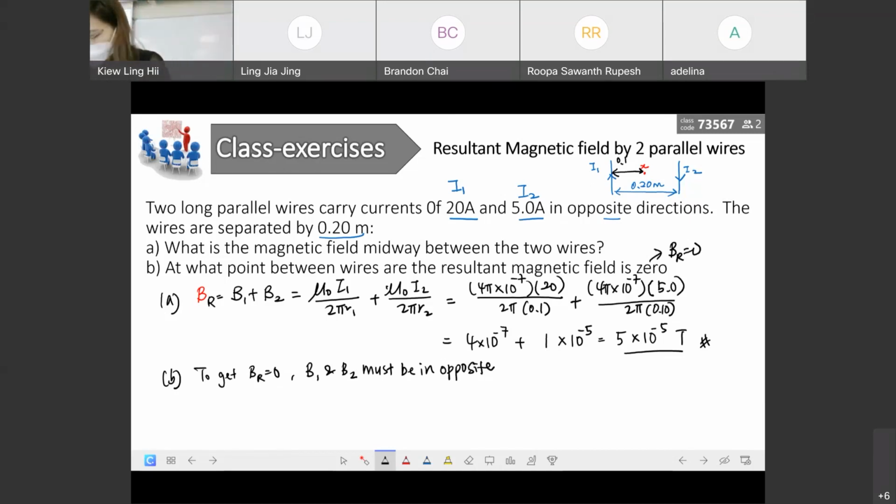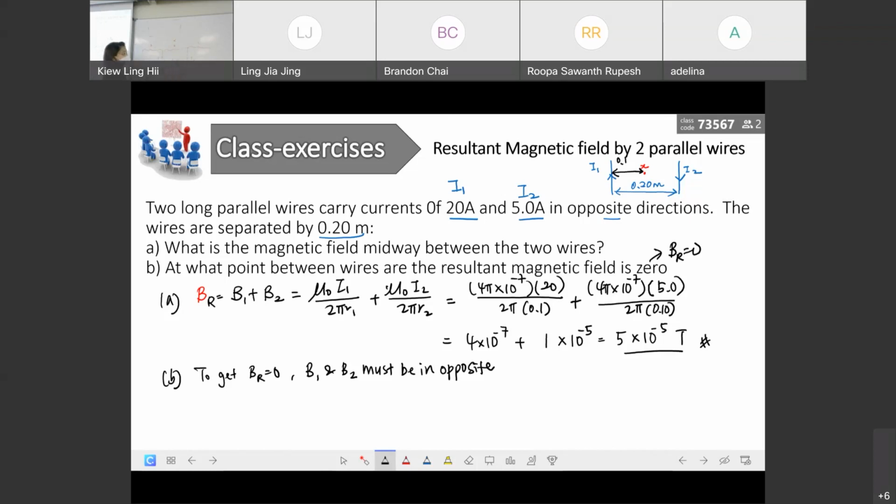Okay, so where is the region whereby you will have both of them in opposite directions? Then you check region by region. There are three regions, A, B, and C, right? We have already checked region B, it is B1 plus B2. So at this region, you will never get BR equal to 0.